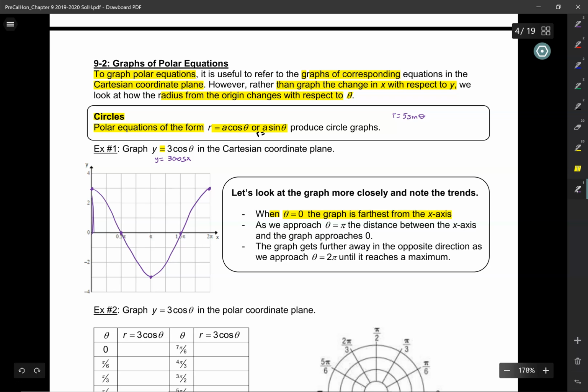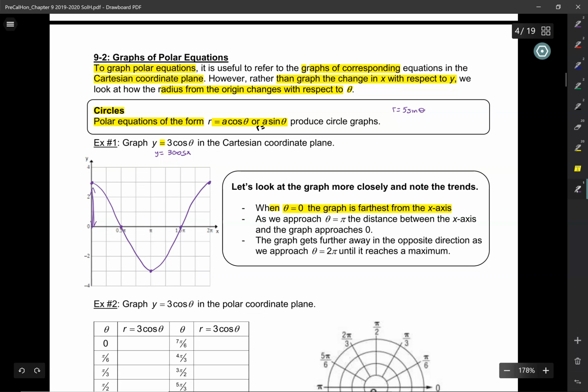Now, as we approach theta equals pi over 2, what's happening to the graph? The graph is approaching the x-axis, and the distance between the x-axis and the graph approaches 0.